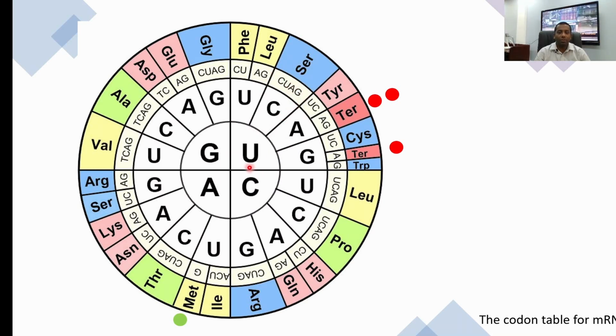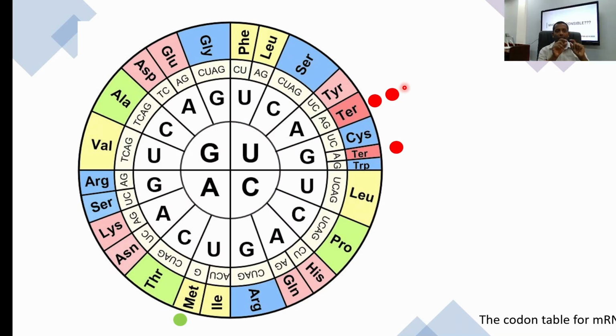So any of these 4 codons can code for the amino acid serine. And there are 3 codons, UAA, UAG and UGA, which act as the stop codon.